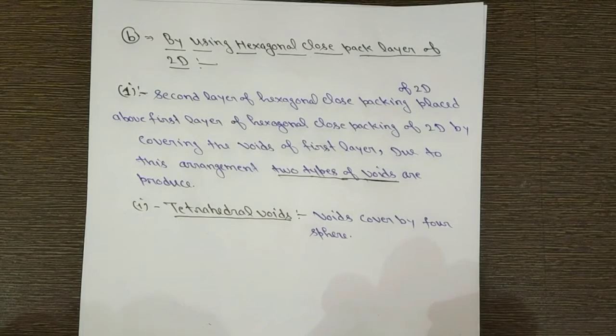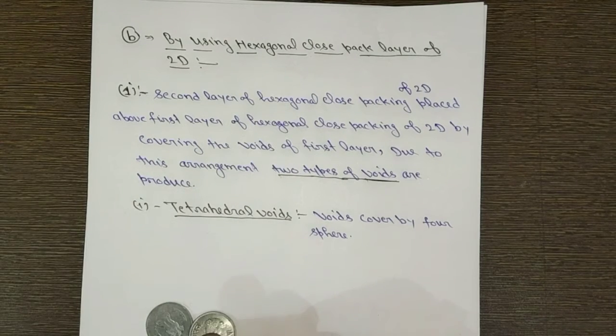Due to this arrangement, 2 types of voids are produced. How can we place the second layer? First we form the hexagonal close pack layer of 2 dimensions.